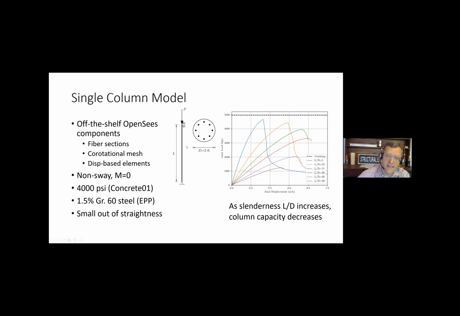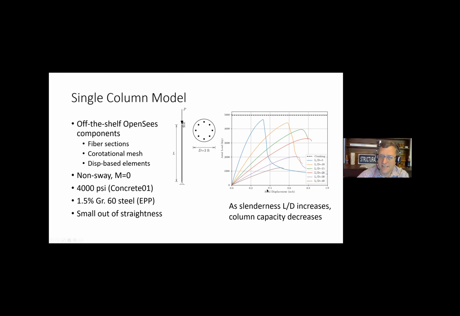Looking at columns of length L, 3 foot diameter, 1.5% steel, and different slenderness ratios, or L over D ratios, from 5 to 40, loading axially and looking at the capacity. As expected, as the slenderness increases, the column capacity decreases, and our best guess, as Mark says, using refined second order analysis, is giving us the results we would expect.